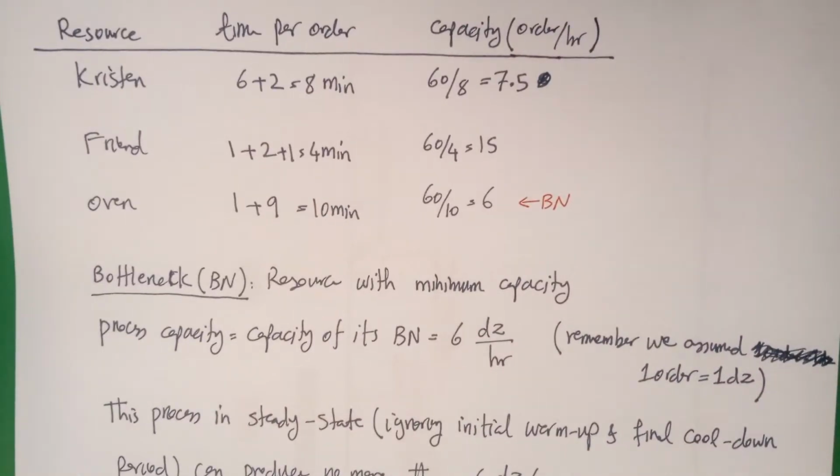First, we are going to look at the resources that we have: Kristin, friend, and oven. I understand that you might list even more resources, trays, or you might list a mixer, and there's nothing wrong with that. Once you do that, you are going to realize that in no part of our analysis are they going to be a limiting factor. So that's why I've removed them from here.